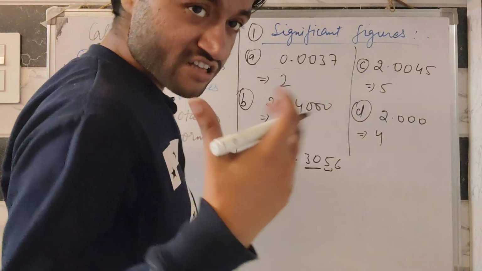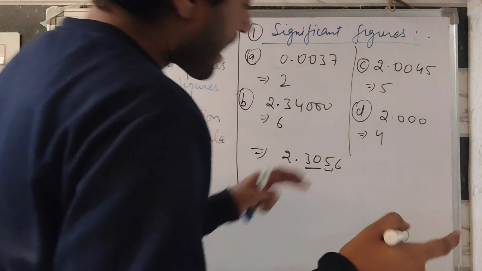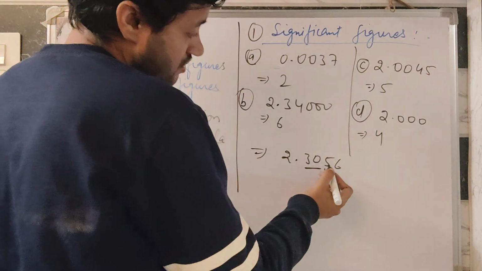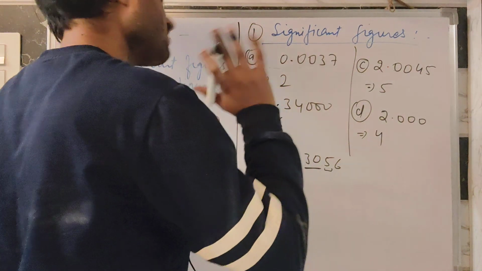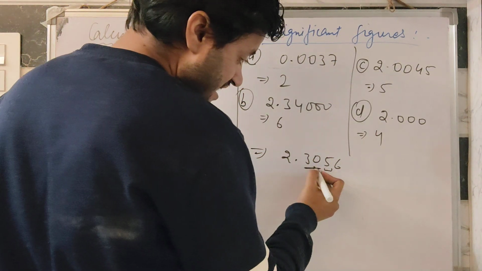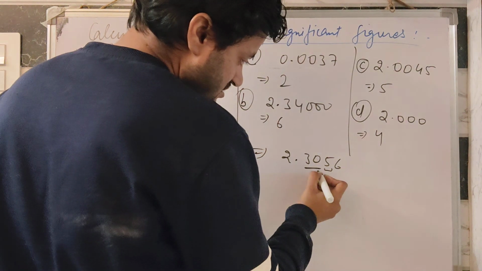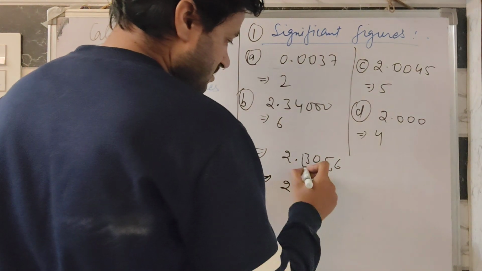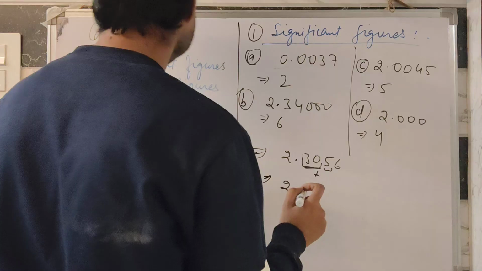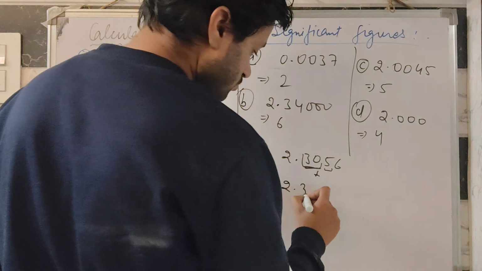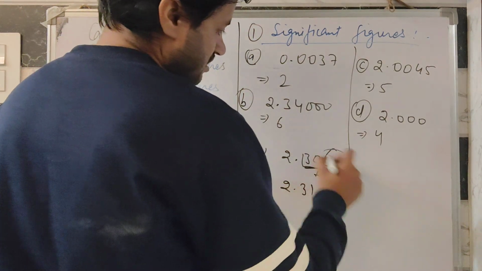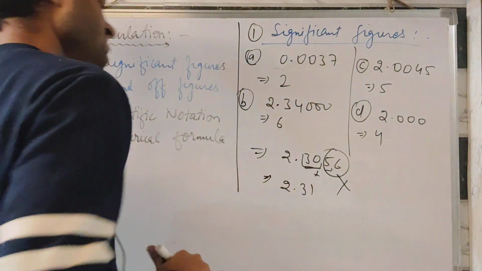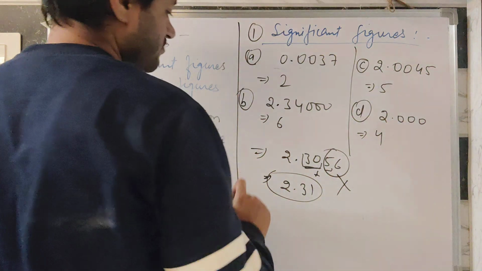If it is greater than 4, then we add one to the number just before it. So after 2 decimal places, its round off figure will be 2.31.